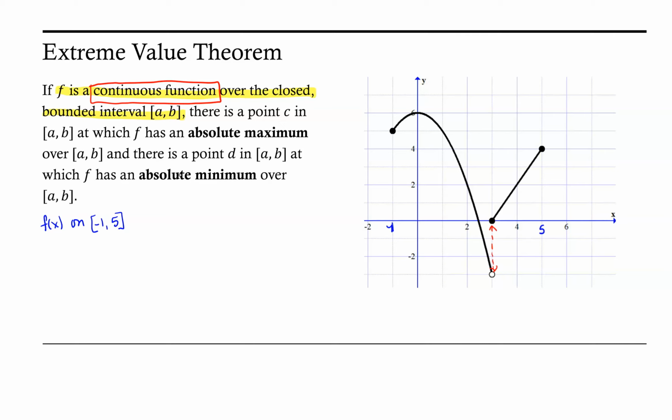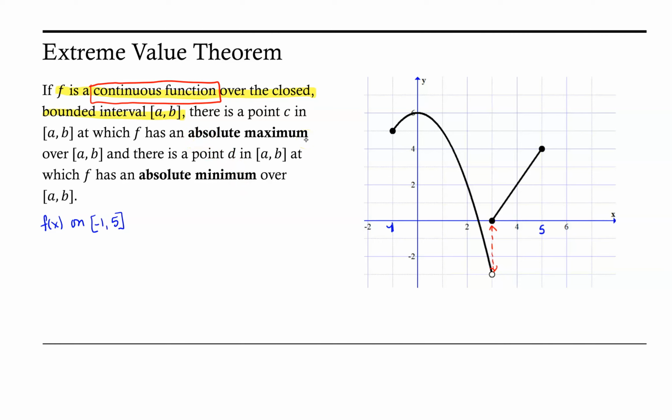So what this means is that for this particular function, we are not guaranteed the existence of an absolute maximum or an absolute minimum. Now, we may have one or the other or both, but we're not guaranteed that those exist. So let's go ahead and first think about identifying whether there's an absolute maximum.